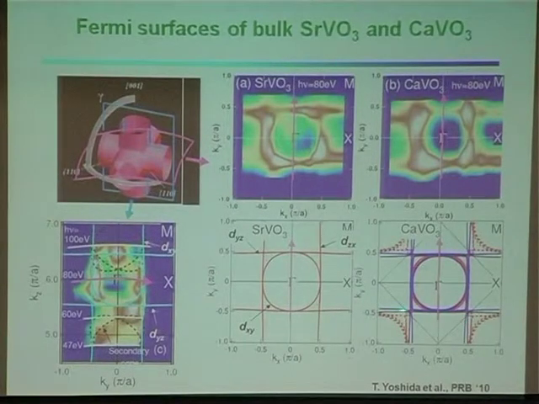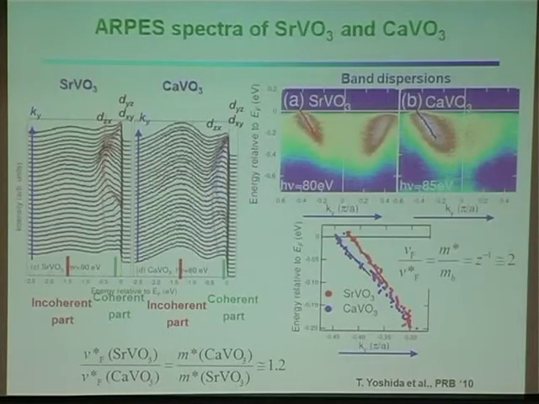The band splits compared to cubic strontium vanadate. And if you look at the band dispersion, actually in calcium vanadate, the coherent part band dispersion of dxy, yz and zx.